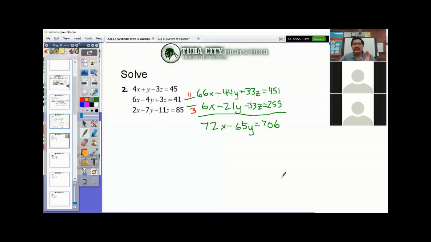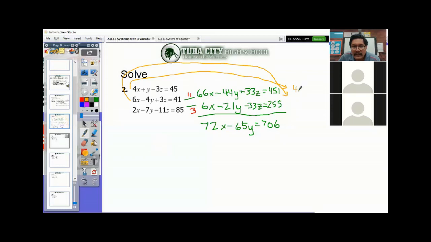Now let's go ahead and try to find the second one. I probably would have picked these 2 to go first, but since I'm going to move these over here, I just want fewer things to go wrong. So now I'm going to switch them so that Z is already set to eliminate, so I don't have to change anything from there.